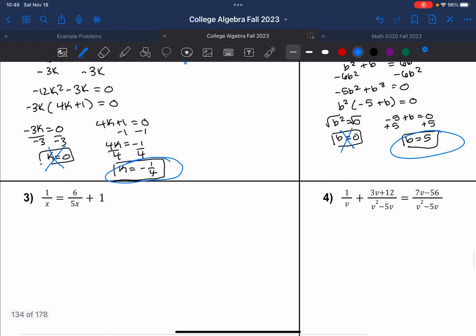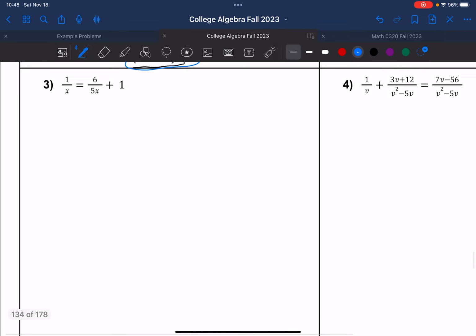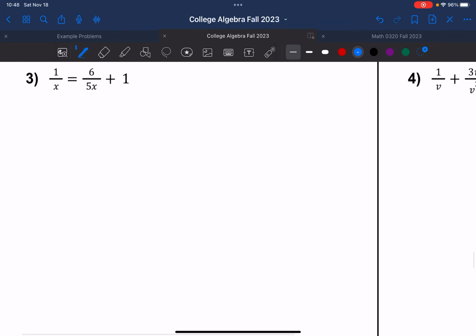Now let's look at number 3. Okay. So again, let's do that fraction equal to another fraction. So we have a fraction on this side, but we have 2 terms on this side. So that means before we can even find a common denominator, we're going to have to turn that 1 into a fraction.